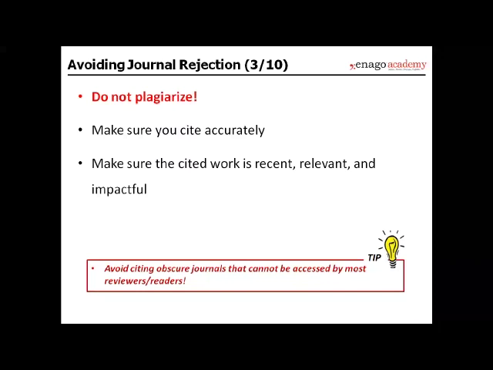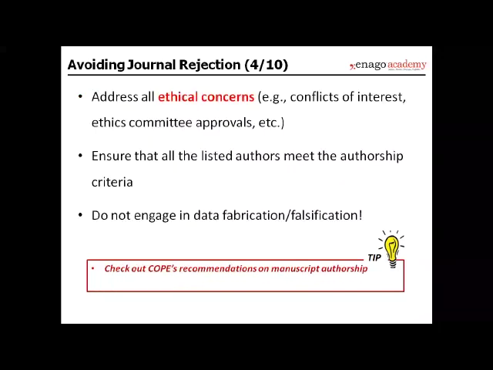Okay, number 4, you need to address all ethical concerns, like for example conflicts of interest or ethics committee approvals. Now many times researchers make this mistake very often. They finish the entire study that involves animals or human subjects, only to realize that they forgot to take the approval from the ethics committee.